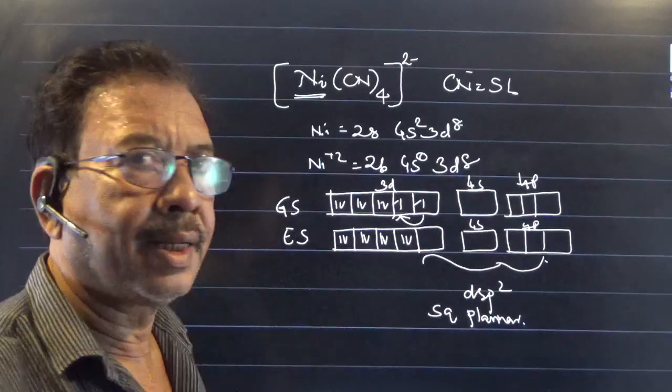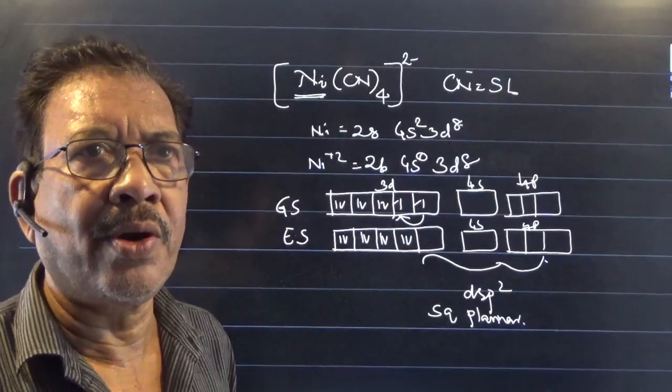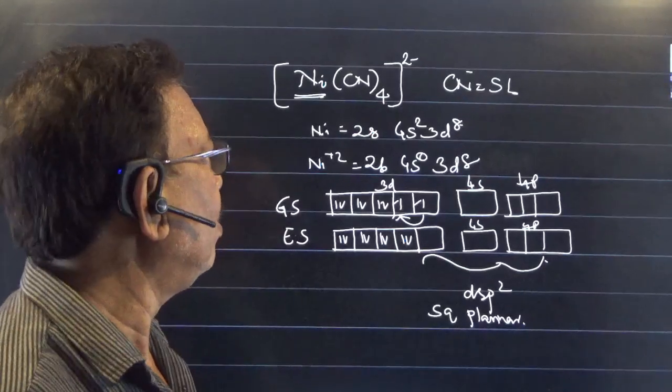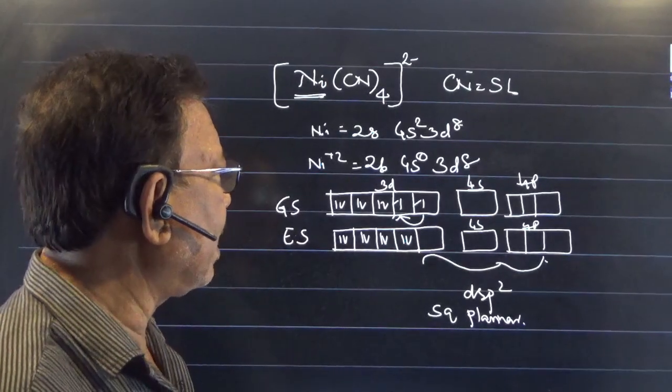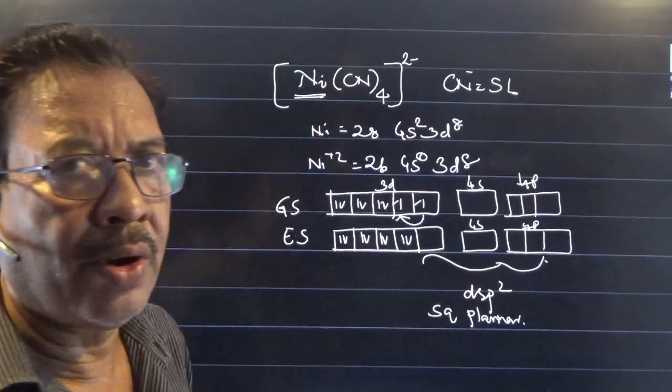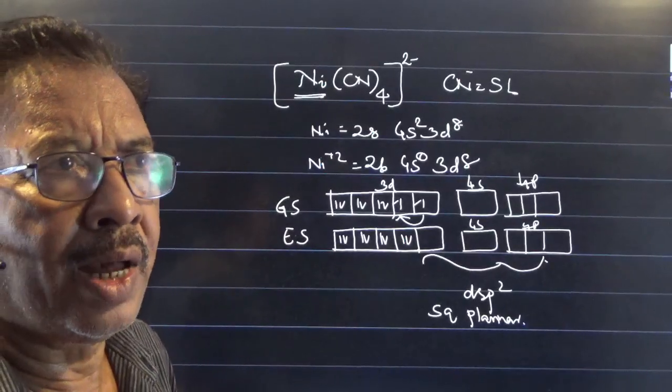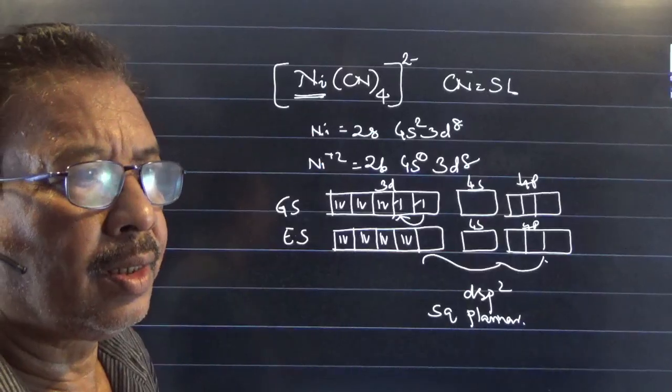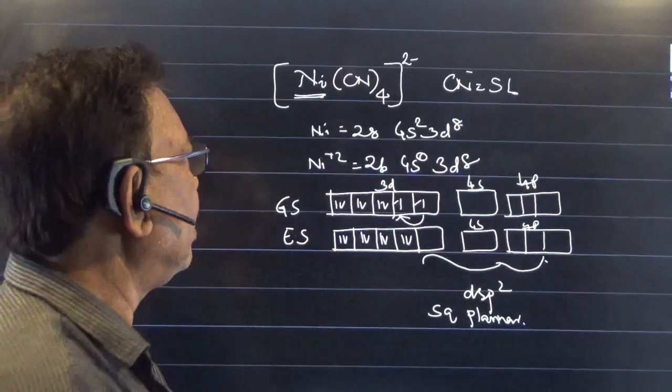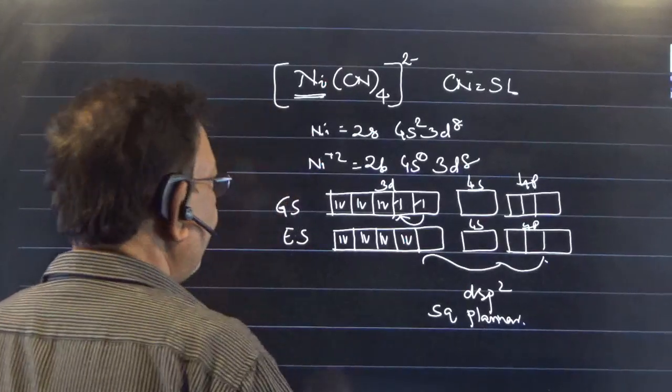Yes, it is the same as here Ni(NH3)4 2 plus. Now we will come to the next, NiCl4 2 minus. Should I rub this one? Yes, sir. Now come to this one.